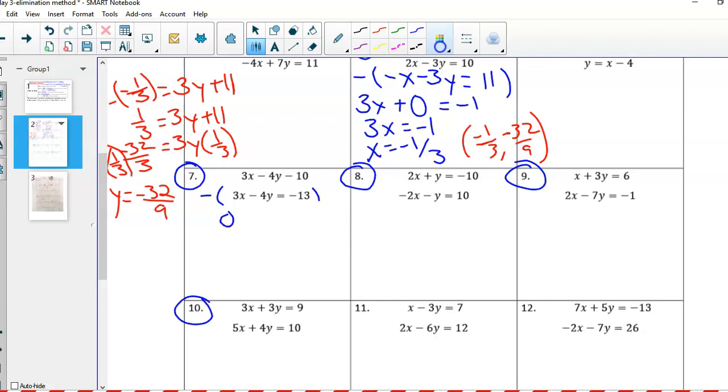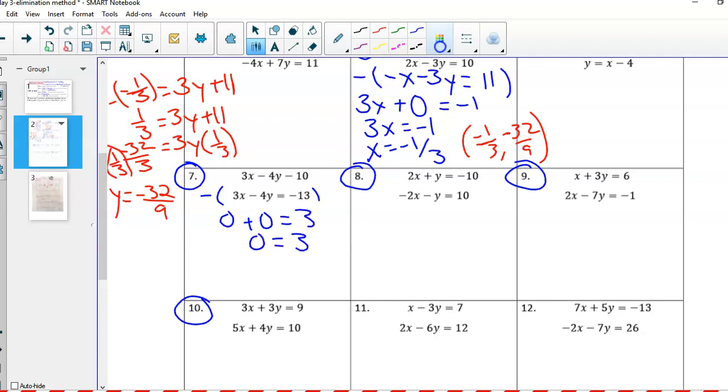Negative 4y minus negative 4y also 0. Negative 10 minus negative 13 is positive 3. So this is really 0 equals 3.